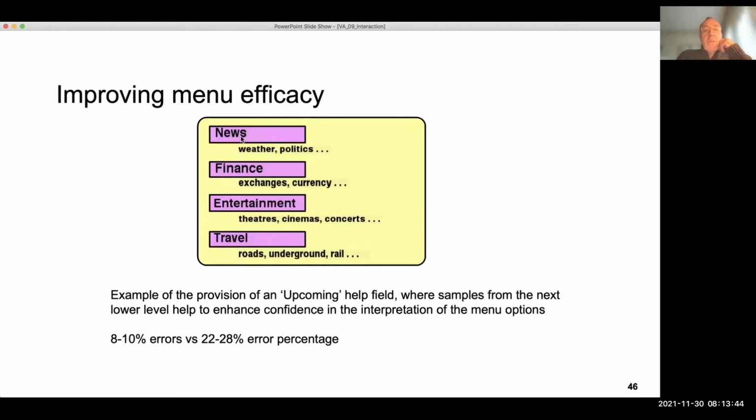You have a menu with news, finance, entertainment, traveling, whatever, and there are some cues about what is behind this item. News is about weather, politics, and so on. Some experiments demonstrated that this kind of arrangement will produce a different number of errors. It reduces the errors, having an understanding, a cue about what is behind this single item.